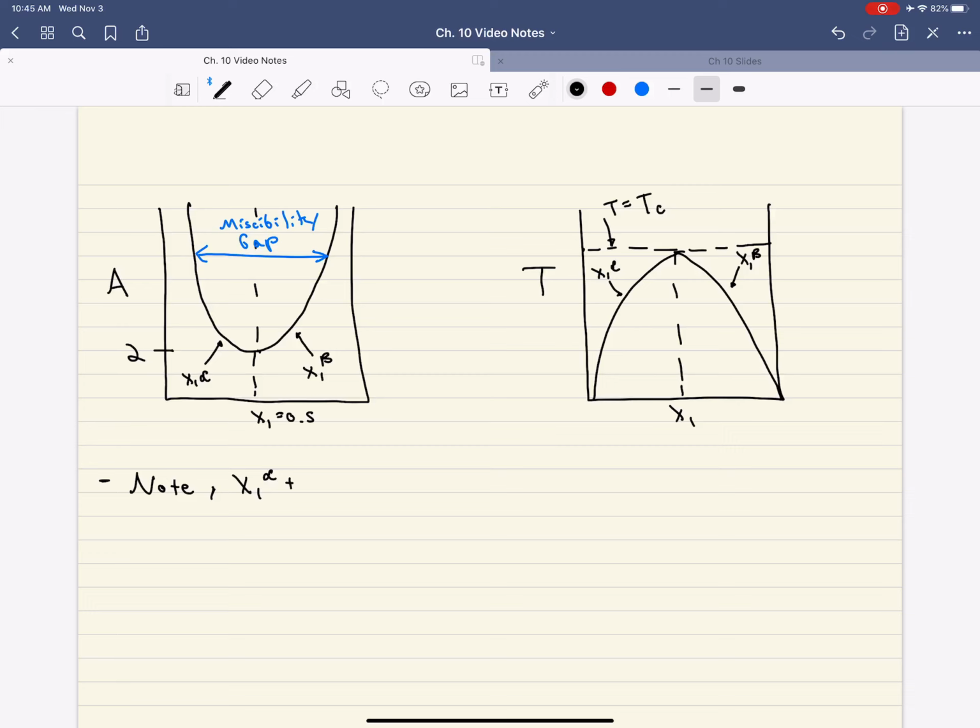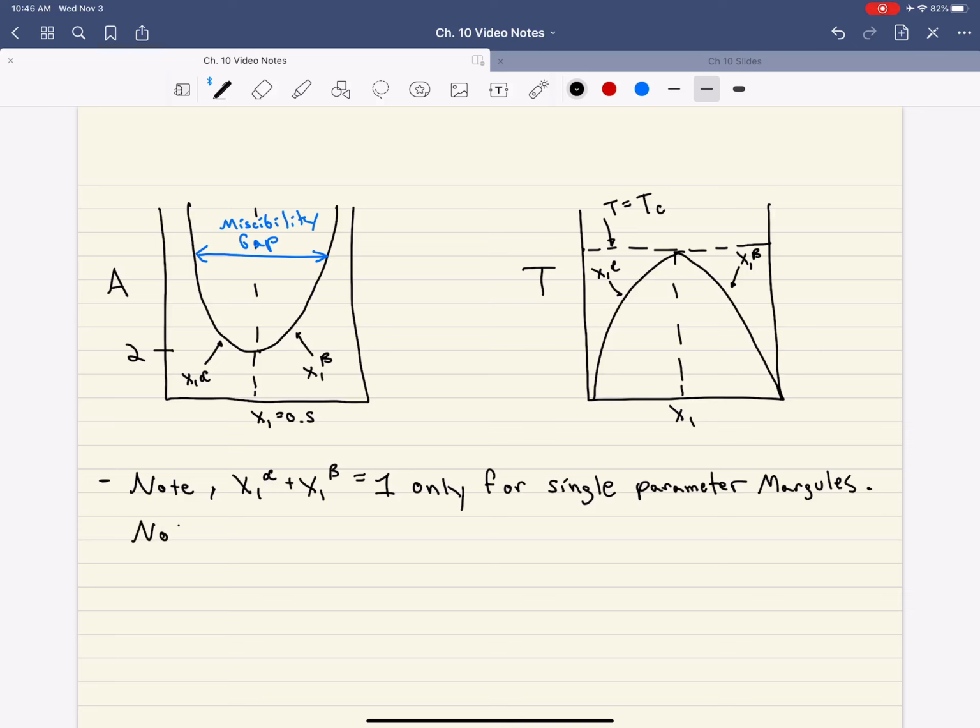In fact, the only reason we see that is because of what we assumed for our excess Gibbs model. And so the reason we're seeing this is because we're using a single parameter Margules equation. All right.